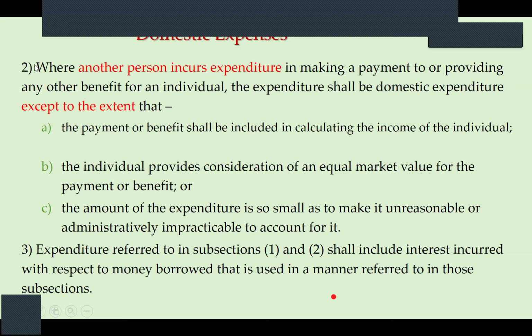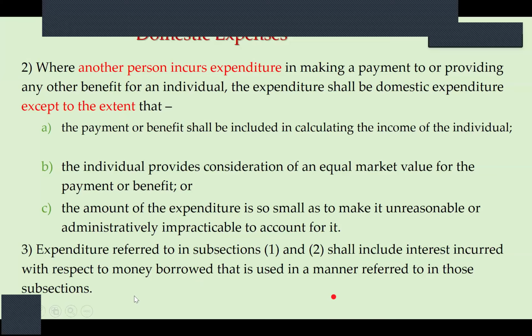Then subsection 2 says expenditure incurred by another person in respect of this individual. Then under item 3 it says expenditure referred to in subsection 1 and 2 shall include interest incurred with respect to money borrowed that is used in a manner referred to in those subsections.